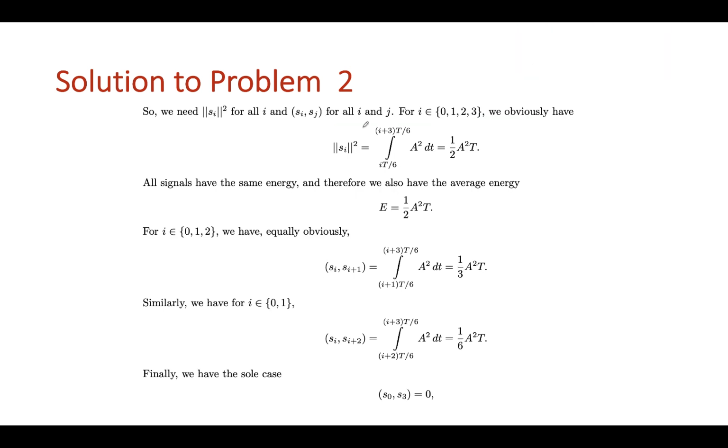If we go ahead and do that, we can see that for terms like this, the norm squared of Si will be of this form. All the signals have the same energy, therefore we also have the average energy that is equal to this.